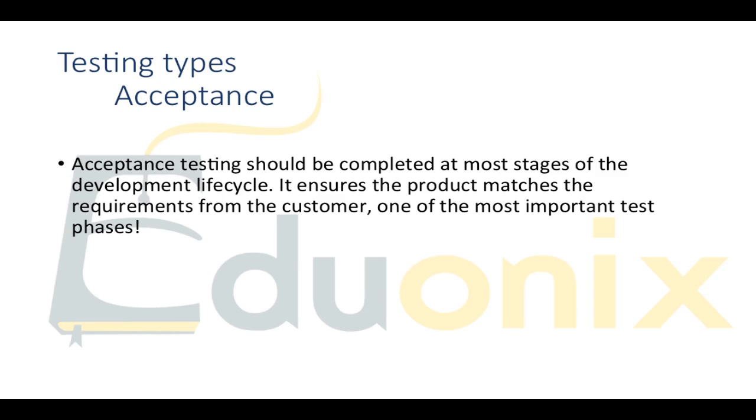In the case of software, acceptance testing performed by the customer is known as user acceptance testing or UAT testing, site acceptance testing, or sometimes even field acceptance testing. It can take on many forms depending on the particular project, but at the end of the day, it all comes down to user acceptance testing. Do the users who are actually using the product accept that it works the way it does? It works the way it should do and the way it does, and also is it fit for purpose?